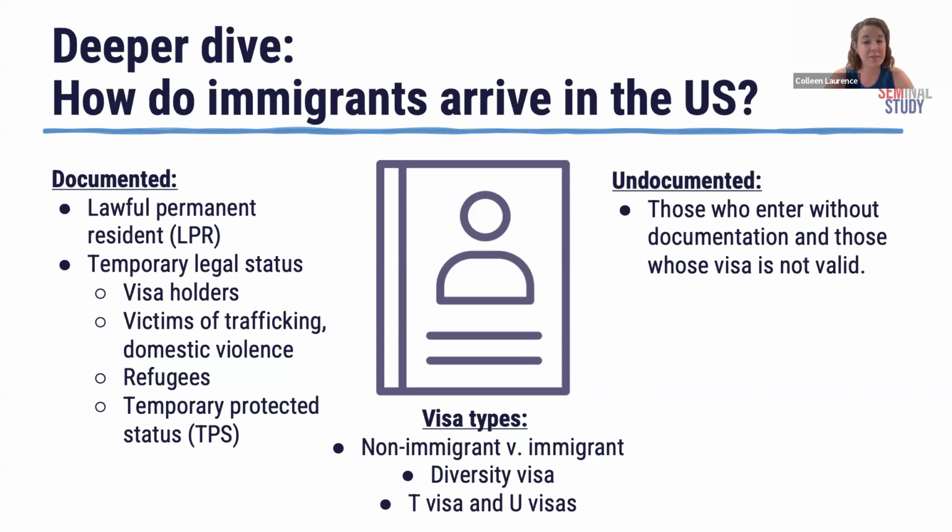For example, somebody might arrive on a tourist visa or with a medical treatment visa and stay beyond the approved date. There remain routes to citizenship for individuals who are documented and those who are undocumented. However, as we're going to discuss in the next few slides, the process for applying for and being approved for legal status, much less citizenship, is complex, politically fraught, and can take a really long time, sometimes between 2 to 10 years.